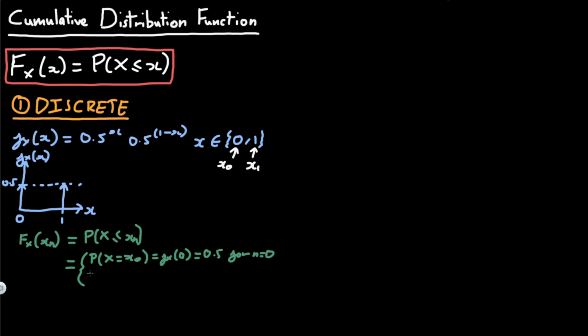And likewise, if n were 1, it would be the probability that x is x0, or the probability that x is x1. So the probability of a heads or a tails, which is the probability of a heads, which was a half, plus a half, which is 1. And this was for n is 1.